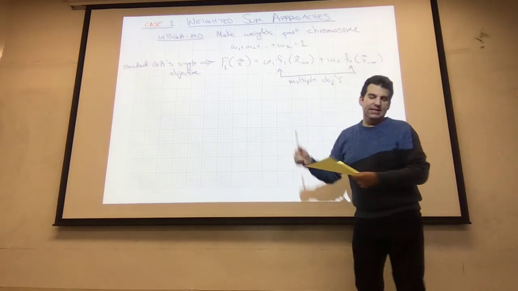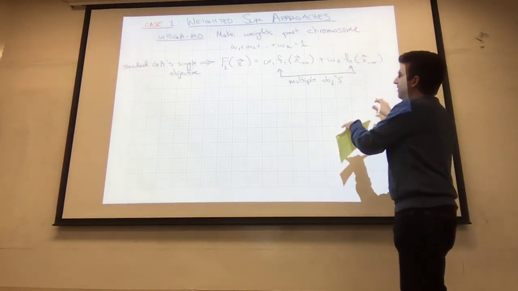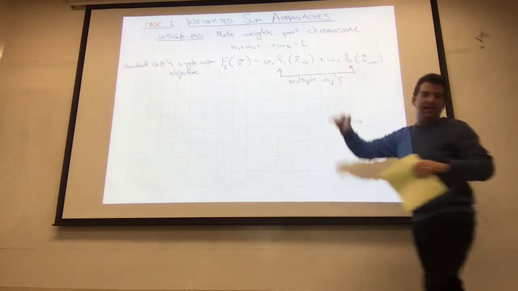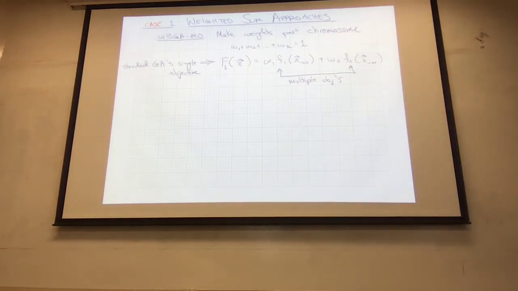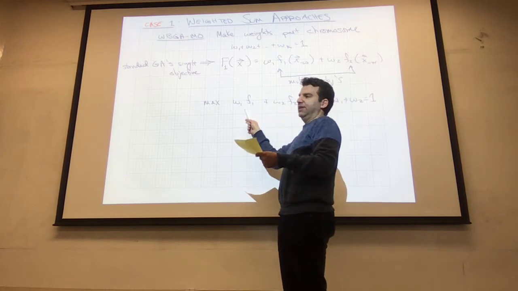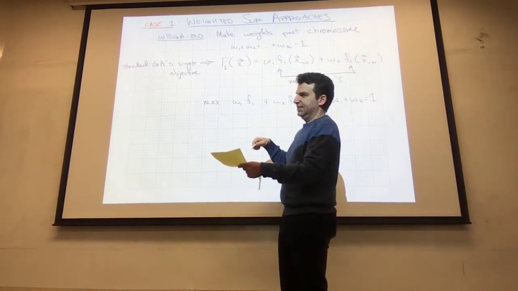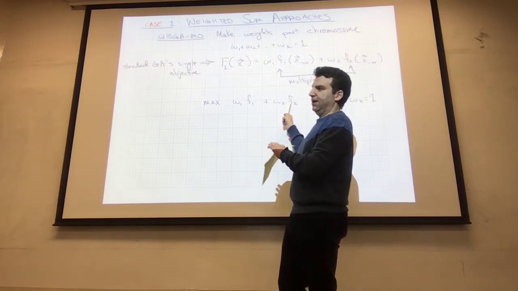But the point is, this is motivated by the idea that regardless of what the mixture of objectives is, if these objectives are convex, then the convex combination, like if you were to say maximize W1 F1 plus W2 F2, where W1 plus W2 is equal to 1, if you sweep over all the different combinations of W1 and W2, will end up finding the Pareto efficient set if F1 and F2 are convex.